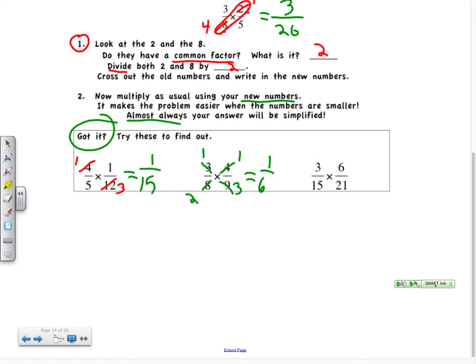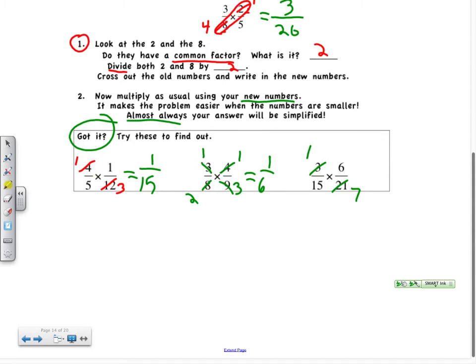And then our last one. These are really big numbers that would be really helpful to simplify first. What are you going to do, Kevin? Divide by 3. 3 divided by 3 is 1. 21 divided by 3 is? That's where you got your 7. What can I do to the 6 and the 15, Jack?